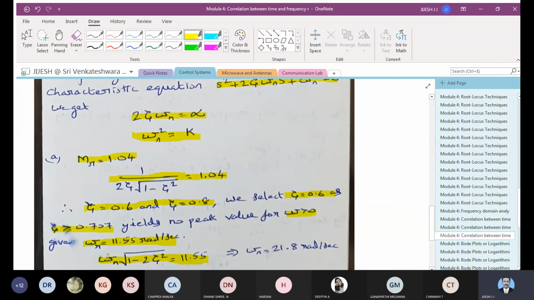By using that equation, you can find out omega n from that. You will get omega n is equal to 21.8 radians per second.